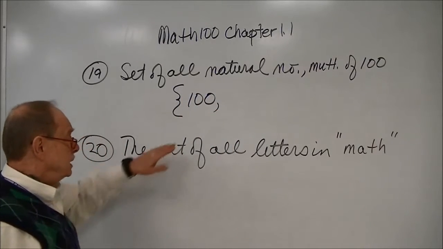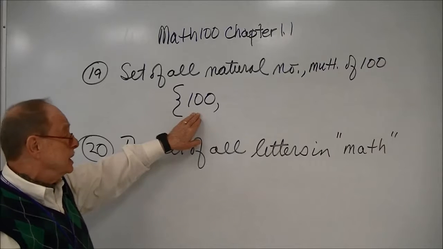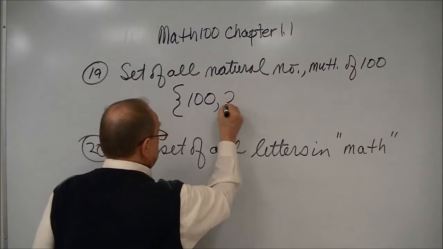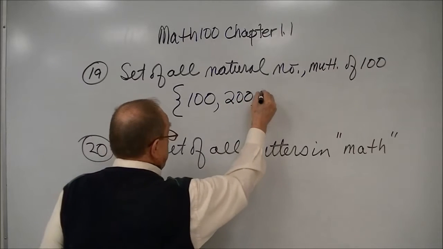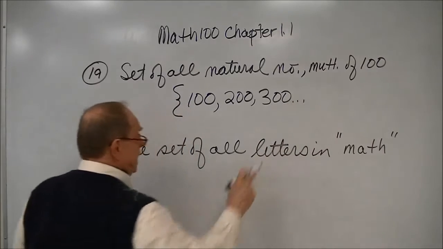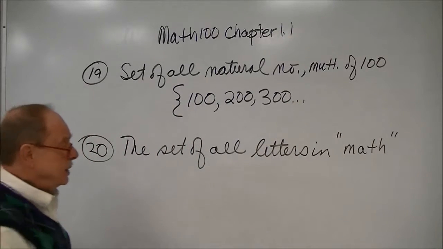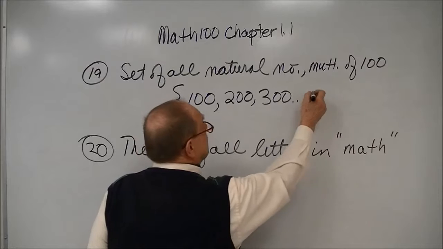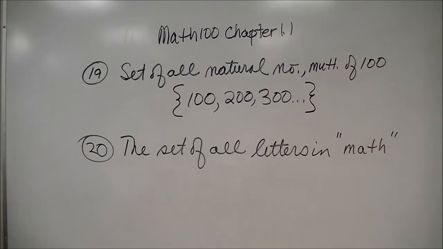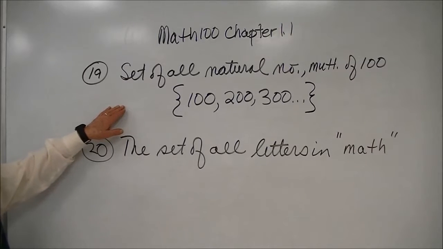And we separate the members or elements within a set by a comma. The next one will be 200. Next one, 300. And we've set up a pattern so we can use our ellipsis, and we just close it up. This is set builder notation.